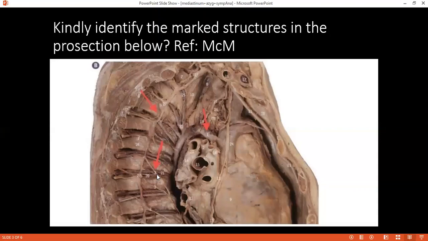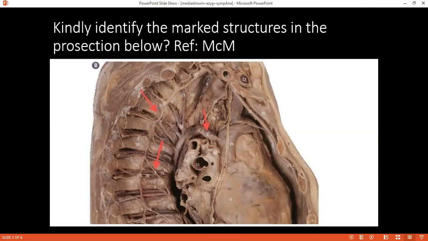It's the greater and lesser splanchnic nerves and branches of the sympathetic trunk which form branches around the pericardial and bronchial vessels. Can you identify structure 1, please? This is the azygous vein. Isn't it a little thick for being an azygous vein?